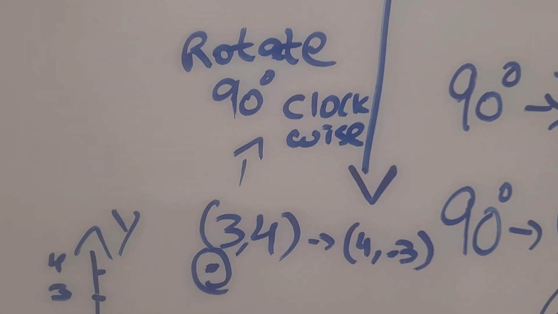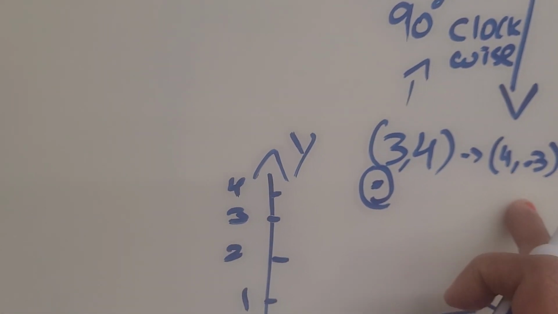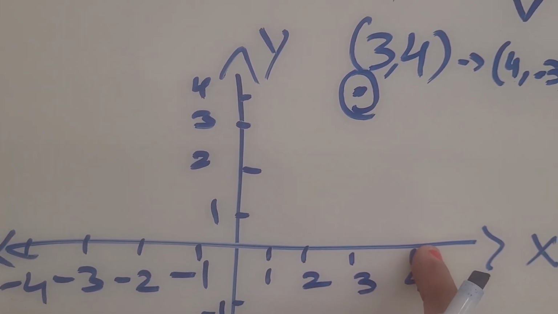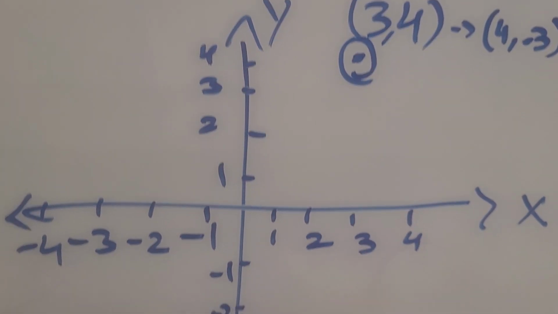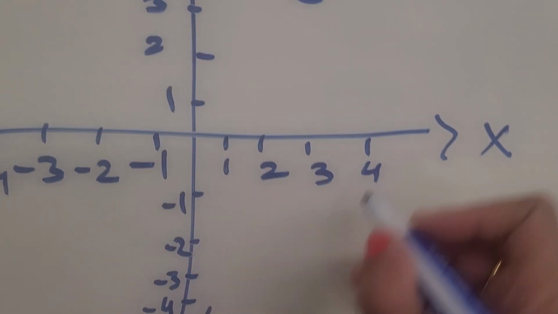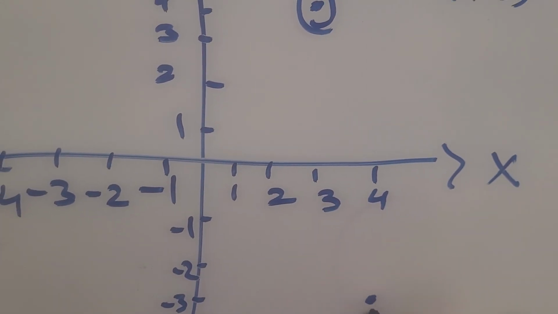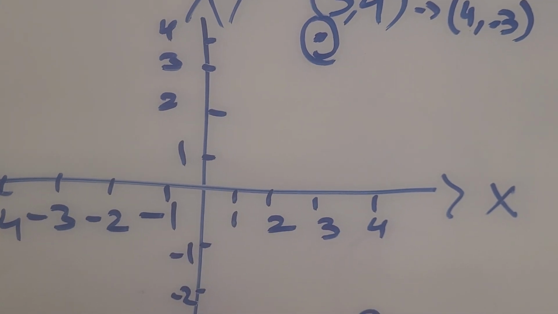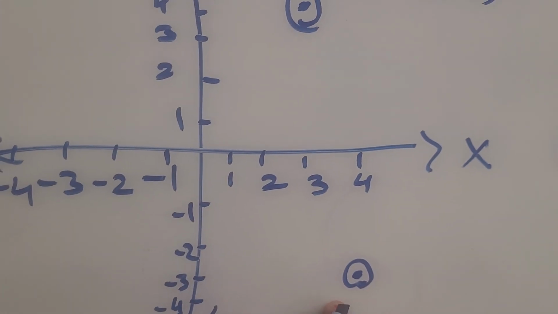So it will be 4 comma minus 3. So now let's plot the rotated point here. So 4 is here on the x-axis and minus 3 is here on the y-axis. So my point is this much. So this point, when it is rotated 90 degrees, is going to land here.